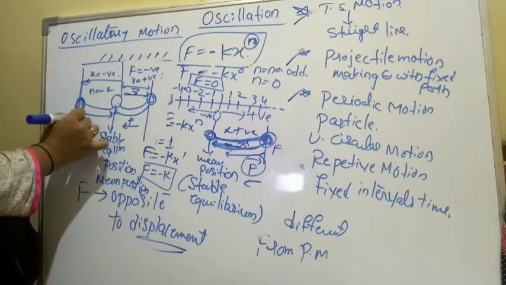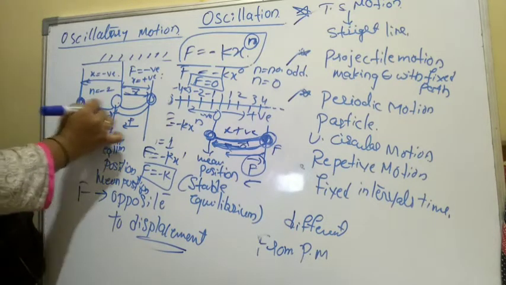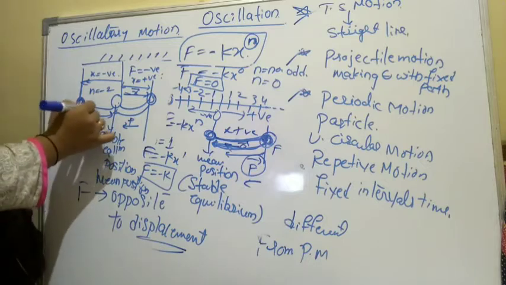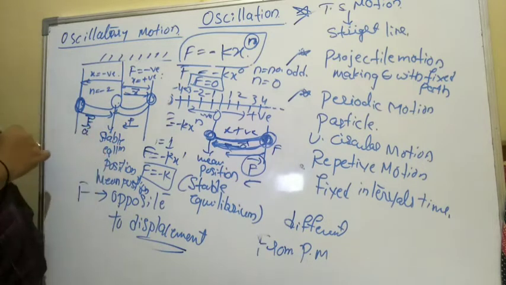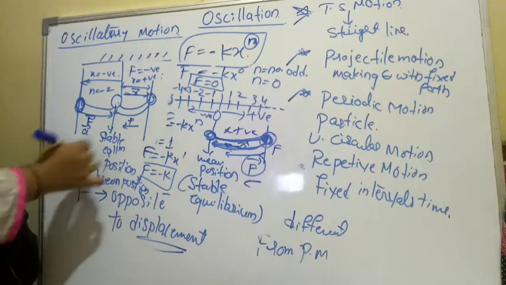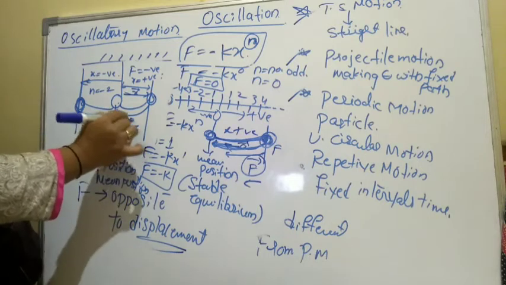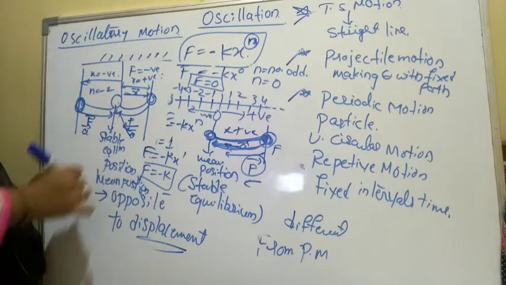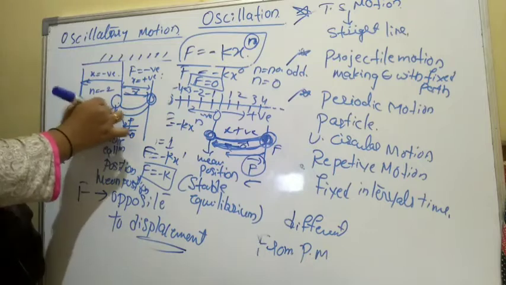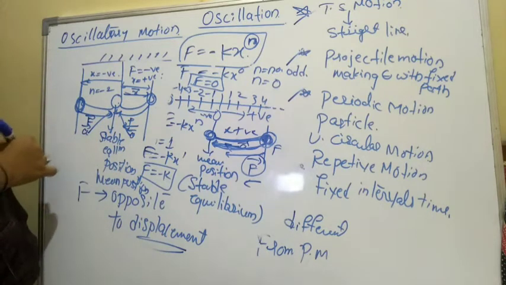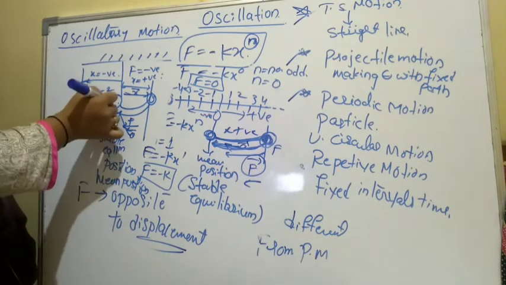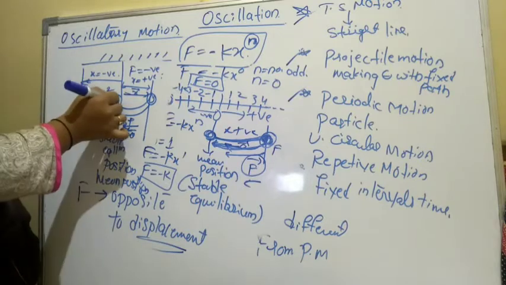So here again the force is moving towards the mean position. Where force is there, definitely acceleration will also be there along the direction of force. Here also along the direction of force. So acceleration is also moving towards the mean position. So this is the process from here to here, here to here.